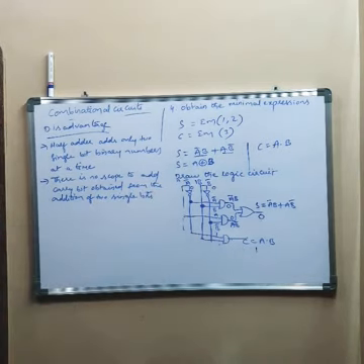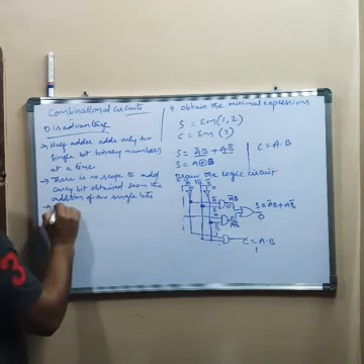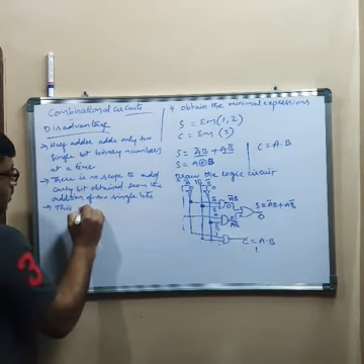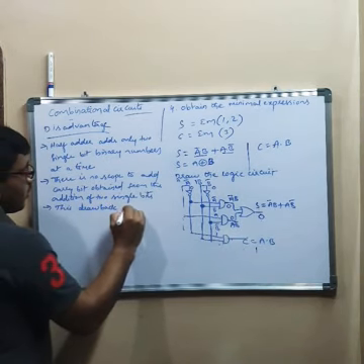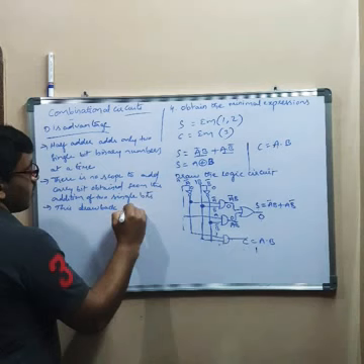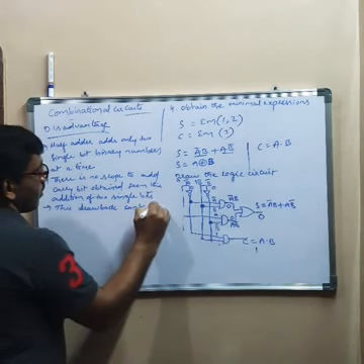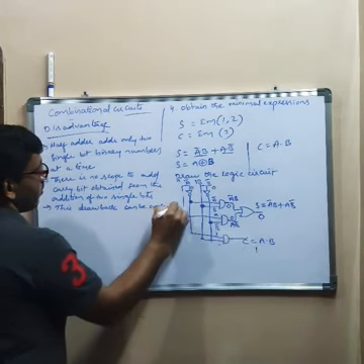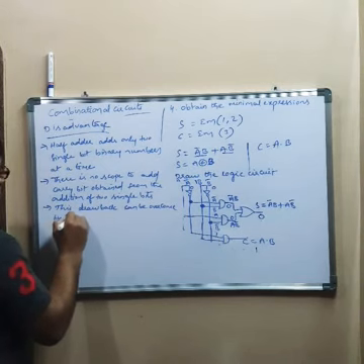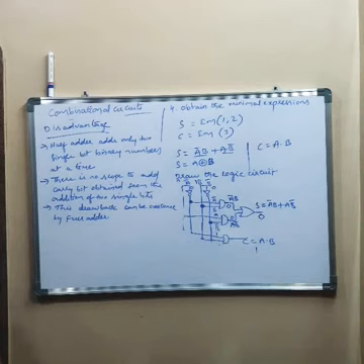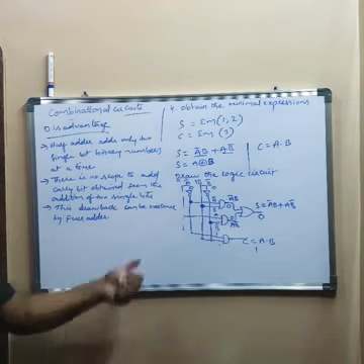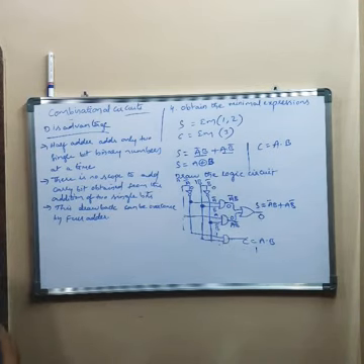So in order to overcome this disadvantage, this drawback can be overcome by full adder. So in order to overcome this drawback, we are going to design another adder called as full adder.